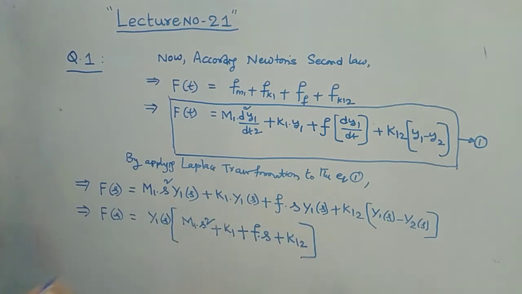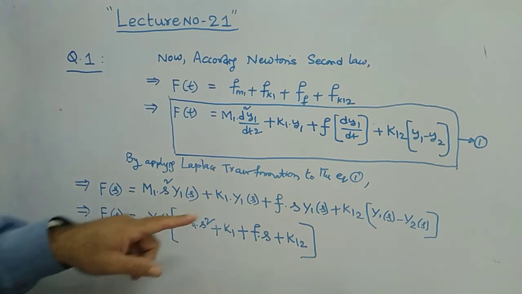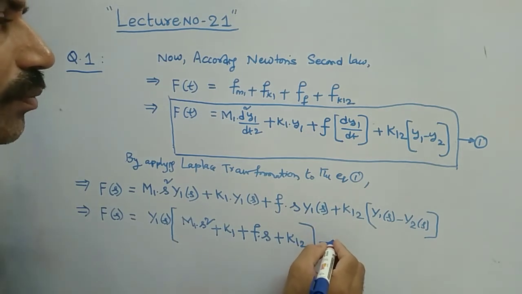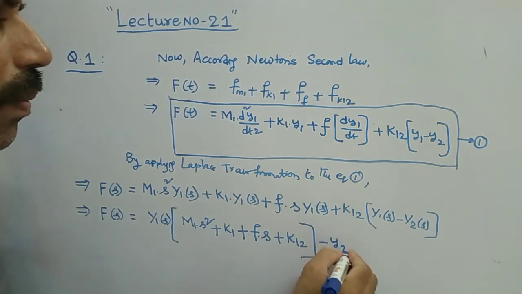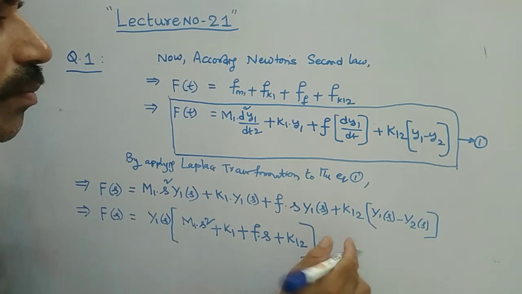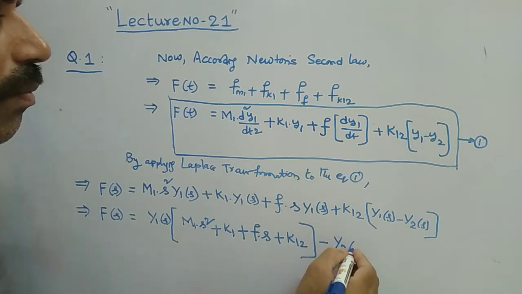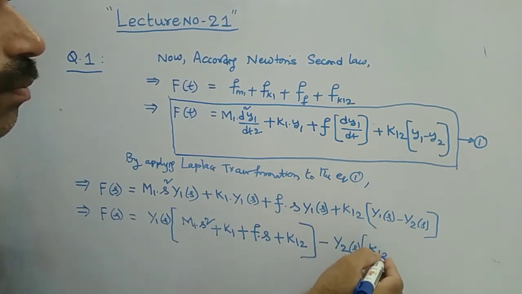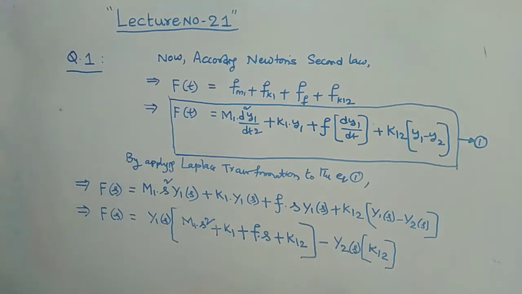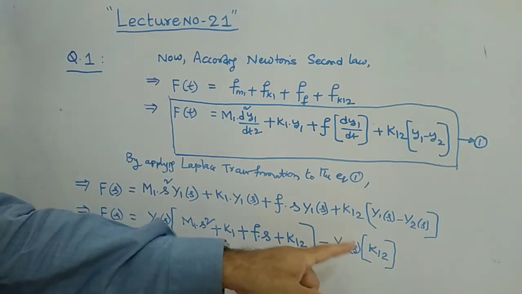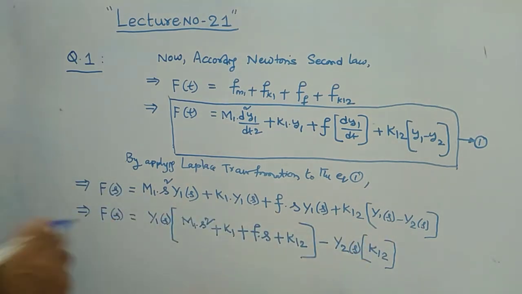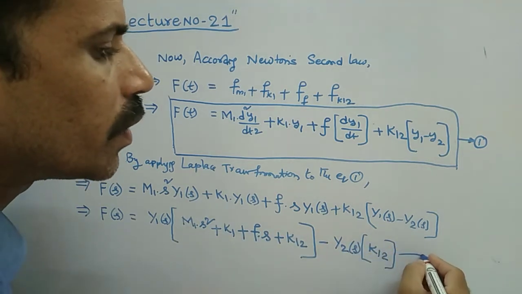These are the y1 of s terms, and similarly for y2 of s, you have minus y2 of s into k12. This is your F of s value. Give this as equation number 2.